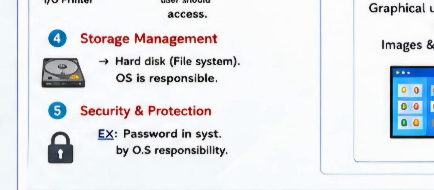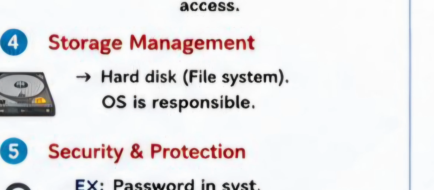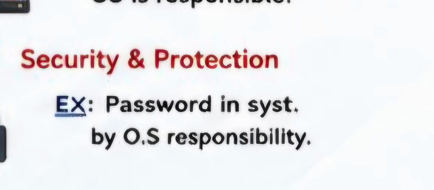Then coming to the fifth category, that is storage management. Our OS is also responsible for storage management, which is generally done on the hard disk via the file system. And then the last functionality is security and protection.